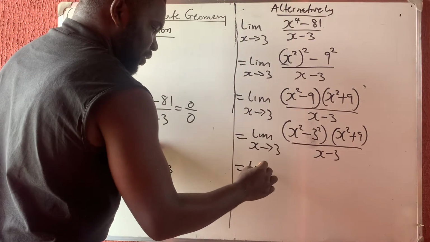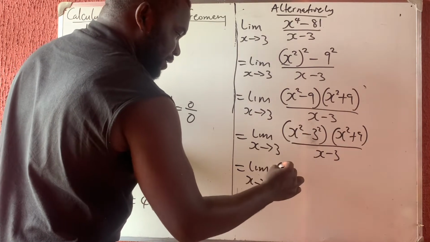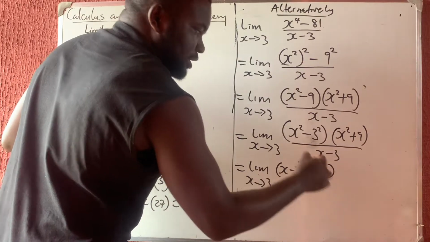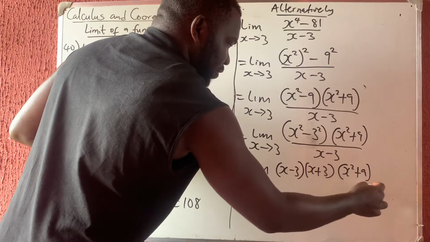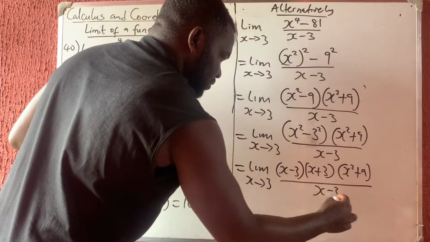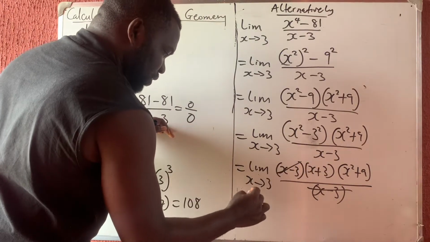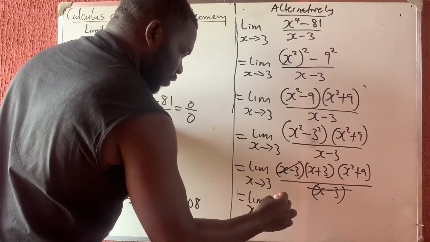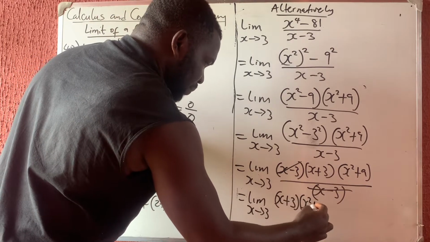This is now the limit as x approaches 3 of x minus 3 and x plus 3. That's the meaning of this one. Then keep your x squared plus 9 here, all over x minus 3. So this can now take care of this. I'm now left with the limit as x approaches 3 of x plus 3 in bracket of x squared plus 9.